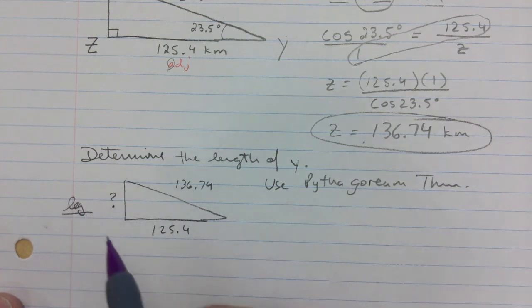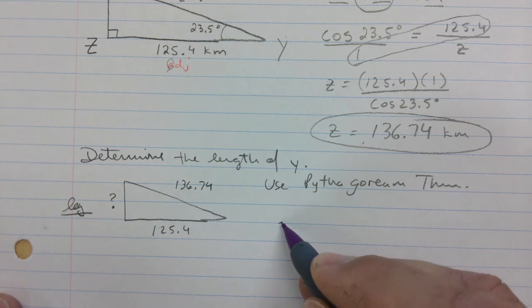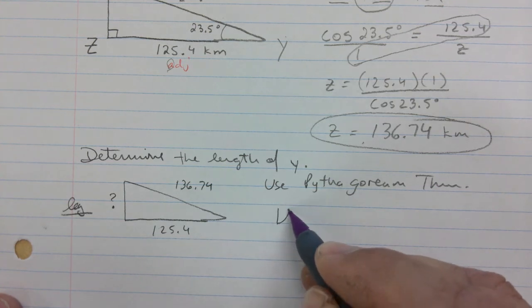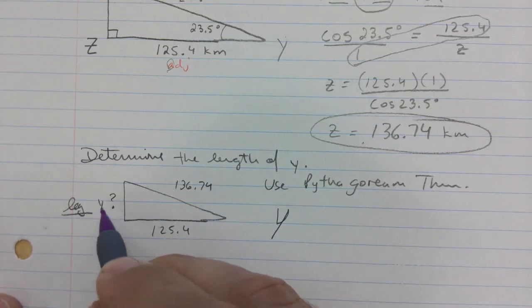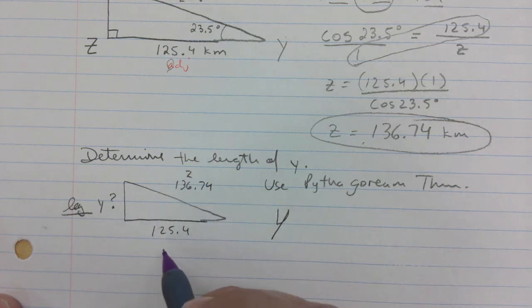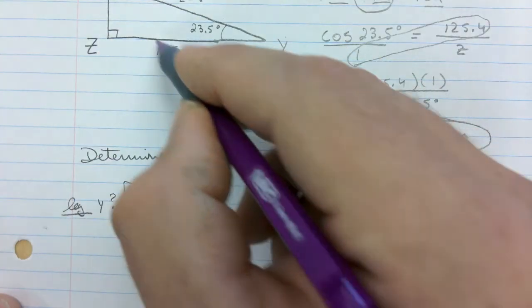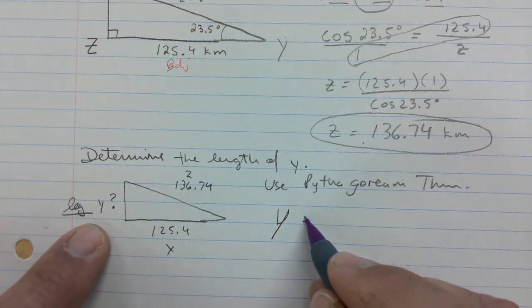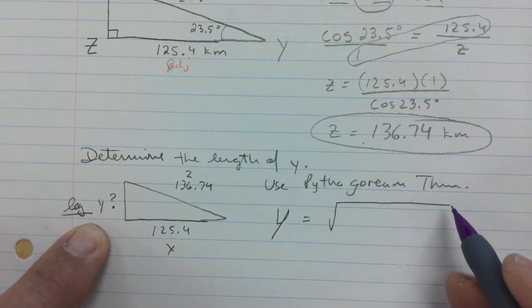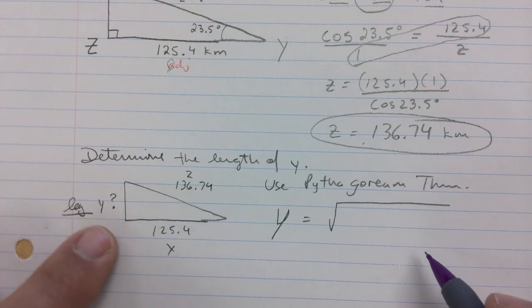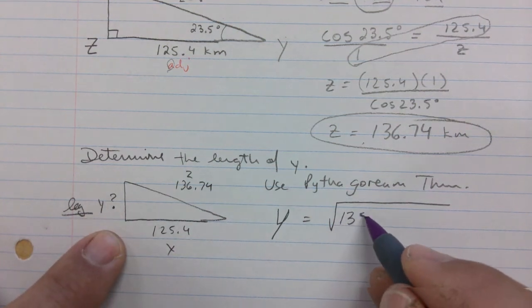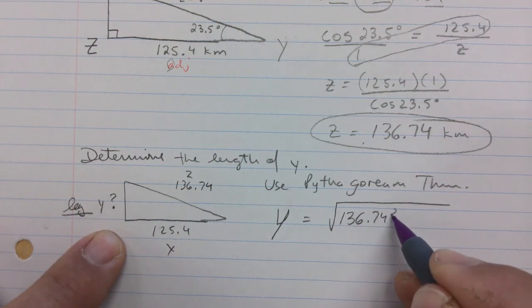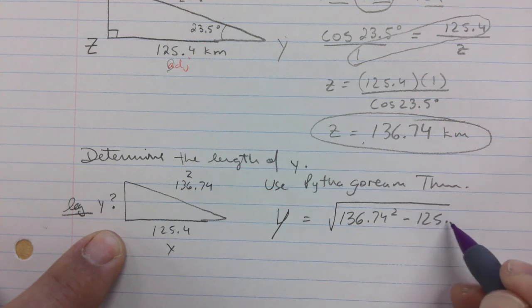I don't know if you remember the review, but to get side y in this case, this is side y, this is z, and this is, sorry, this is x, right? Because it's across from angle x. So to get y, it's essentially square root of, and you're missing a leg, so that would be a subtraction, right? So 136.74 squared minus 125.4 squared.